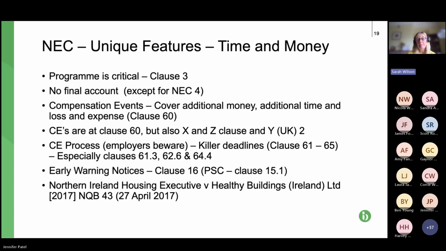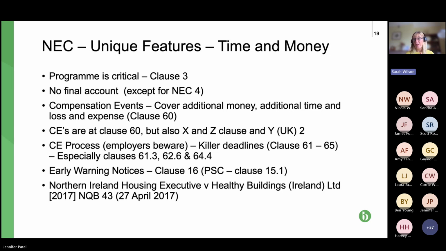Yeah, another thing to be careful of with NEC. So the second bullet point, we've covered quite a lot of this, but up until and including NEC 3, we had no final account, which sounds a bit odd if you just used JCT where there is a final account, but it did actually work.